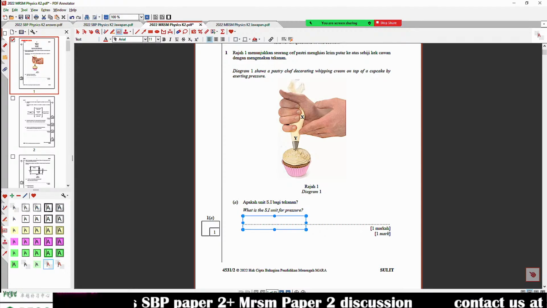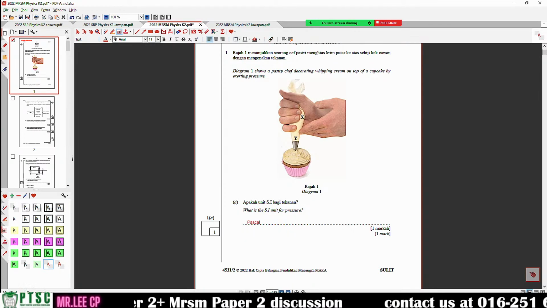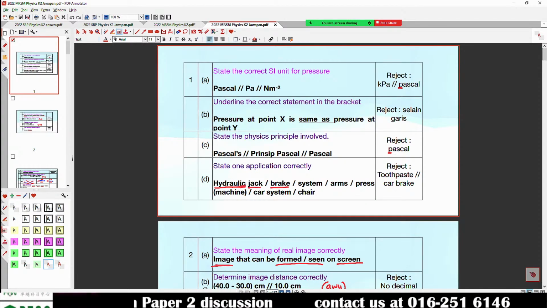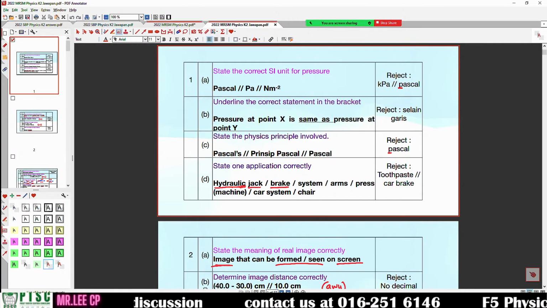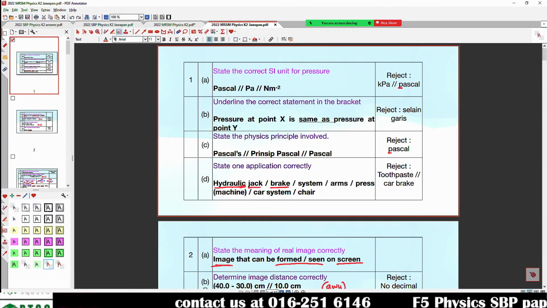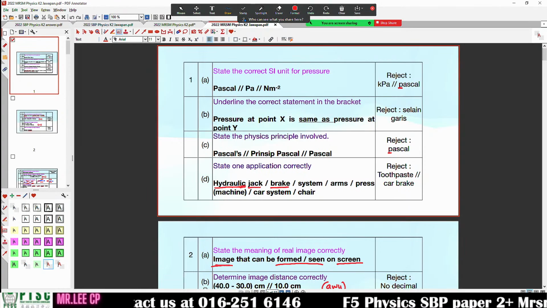Pressure is Pascal. Now I want to show you the marking scheme. The answer is here. Now I go through with the marking scheme.